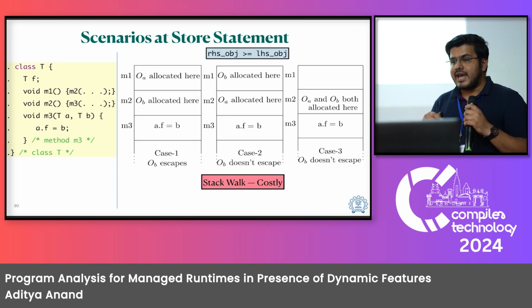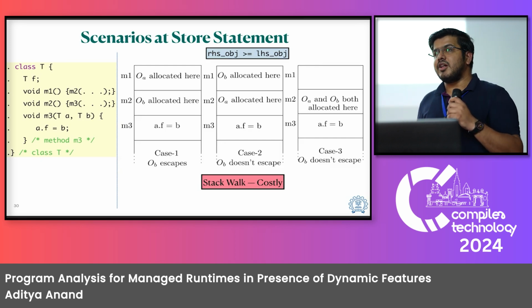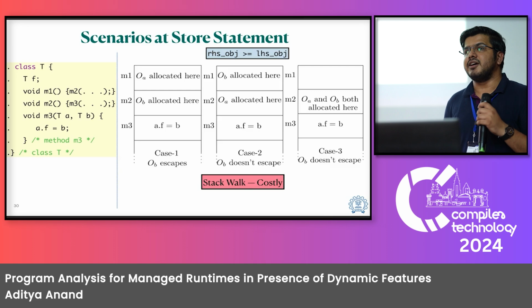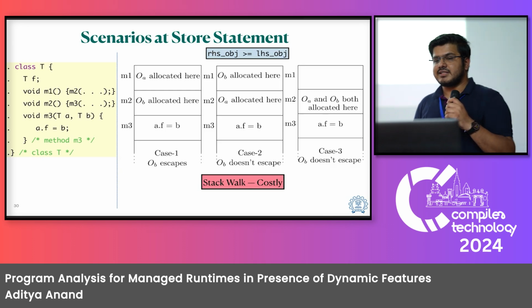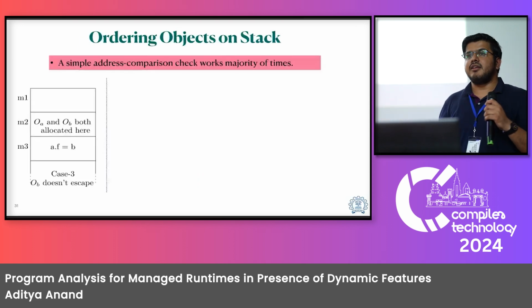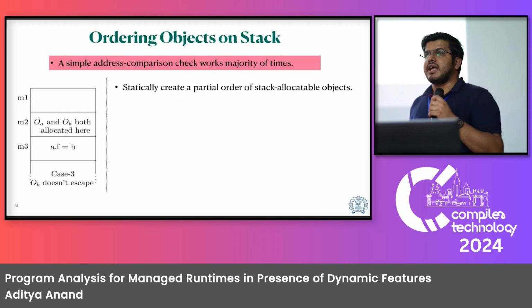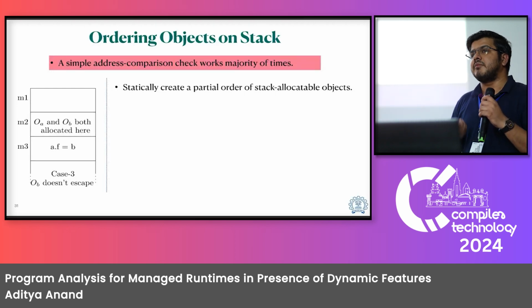So to guarantee and use this efficient check in all scenarios, we proposed another idea, which we call stack ordering. What we say here is that a simple address check should work the majority of the times, and along with generating the list of stack allocatable objects, we also generate an ordering among them.